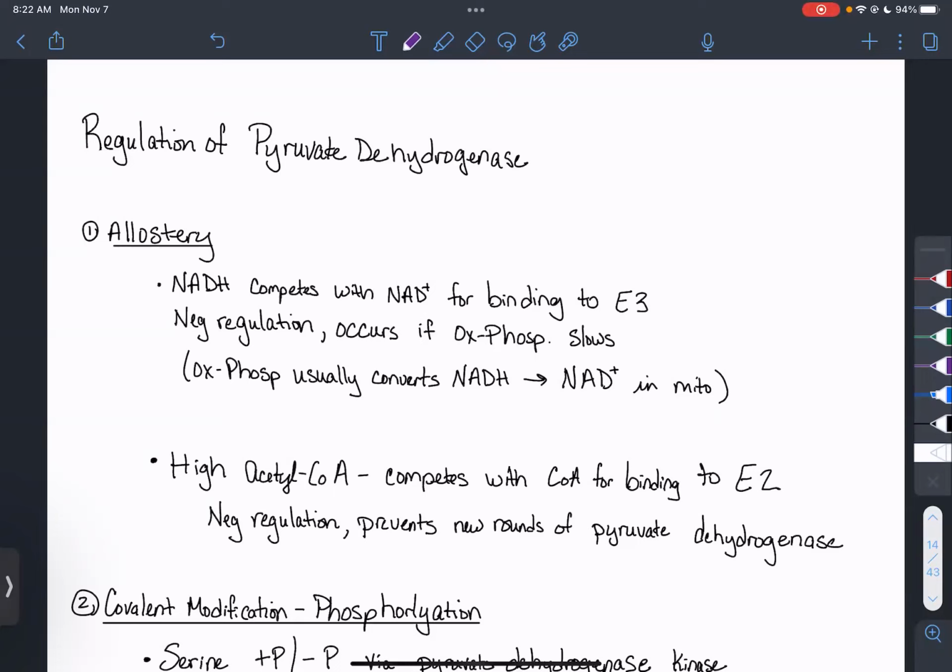And this is going to occur if oxidative phosphorylation later on down the road slows down, right? Because if it slows down, you don't need to give the electron transport chain more substrate. So usually oxidative phosphorylation is going to convert NADH to NAD+ in the mitochondria, right? We've talked about that happening in the cytosol, but this is actually in the mitochondria.